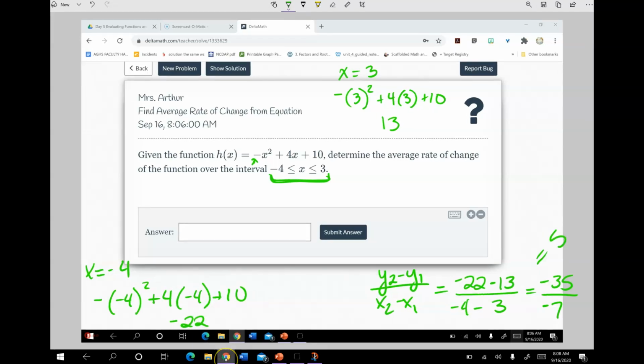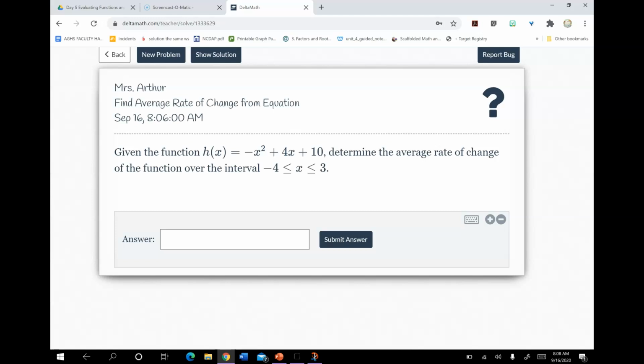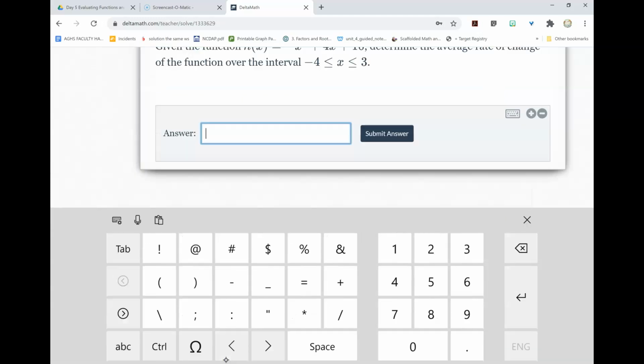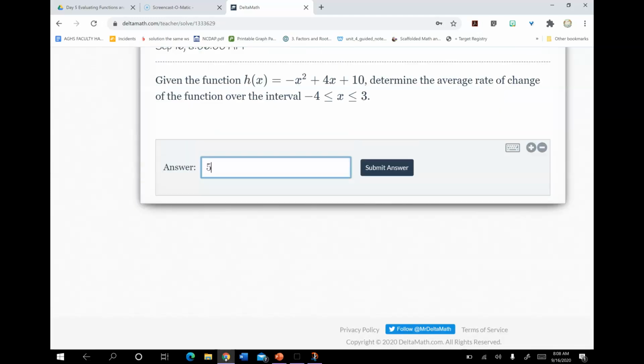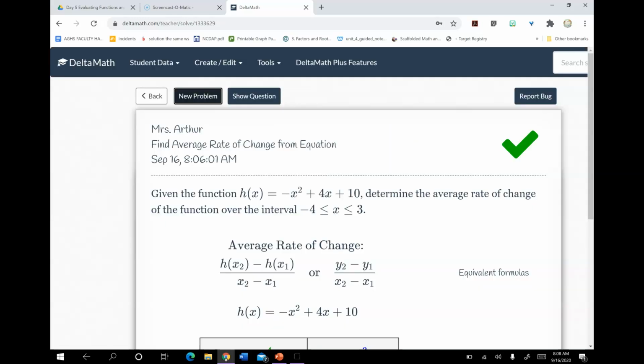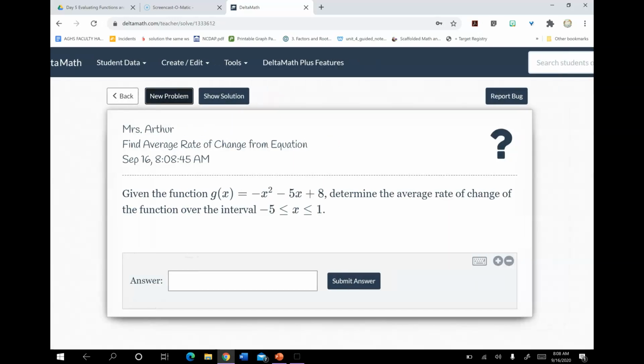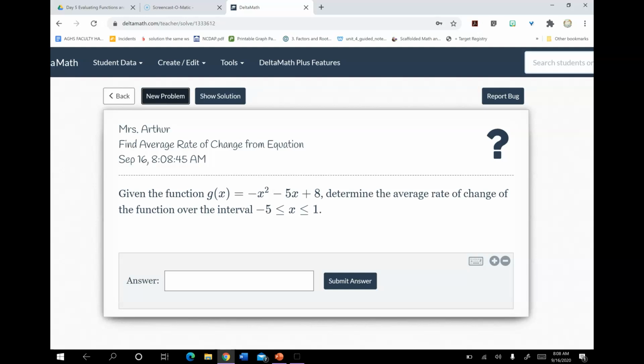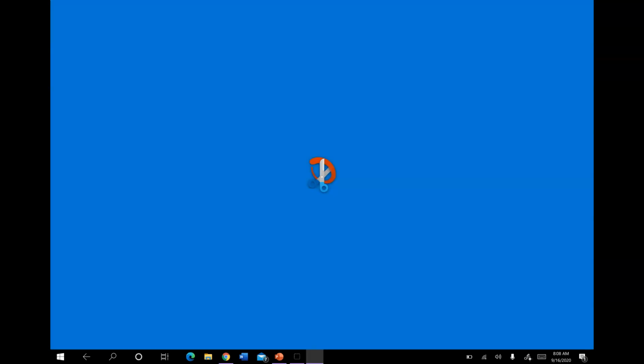So when I go back to Delta Math, we're going to cross our fingers, right? So I don't look ridiculous, get the wrong answer. And we got the right answer. All right? So let's do another one. So what I want you to do is I would like you to pause this video. It's the last problem we're going to do, and I want you to try this one on your own, okay?